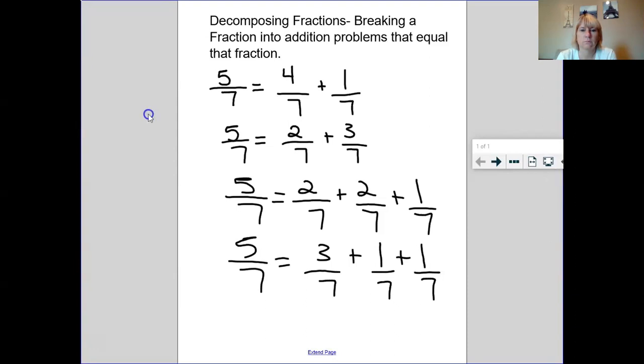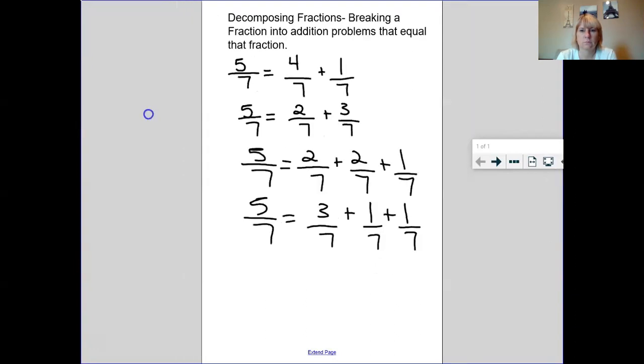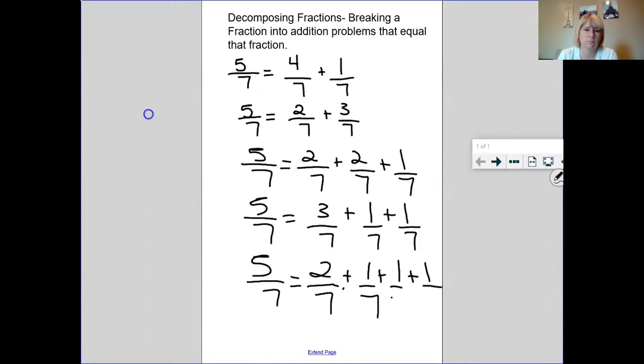Could I think of another one? Yes, I can. What about 2 plus 1 plus 1 plus 1? Okay, how do I make that a decomposed fraction? I just make sure that my sevenths are on the bottom.